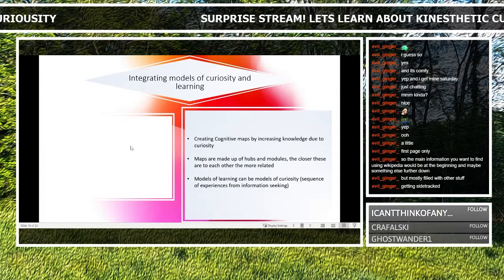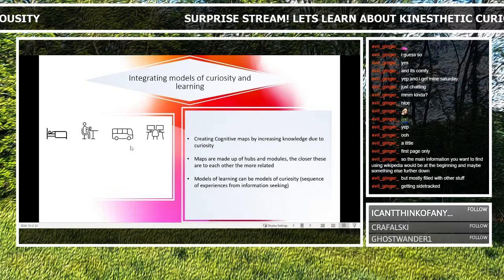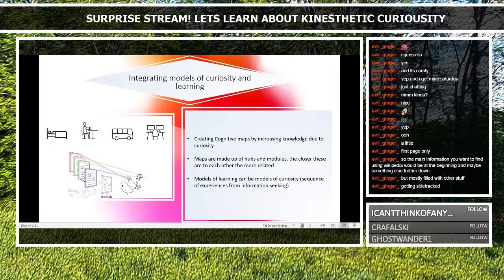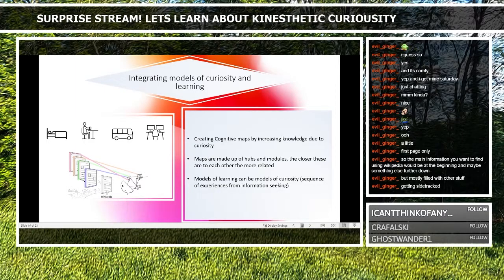Say you have your morning commute, and you're trying to make that as efficient as possible. You can think of that in a similar way as when you're looking at information. You're trying to find the most efficient way of getting from point A to point B. Maybe you Google something, you go to the Wikipedia page, and then you pick a specific source from that.